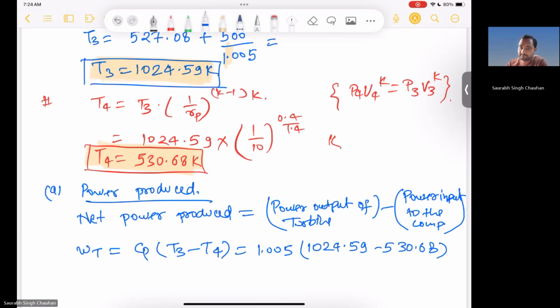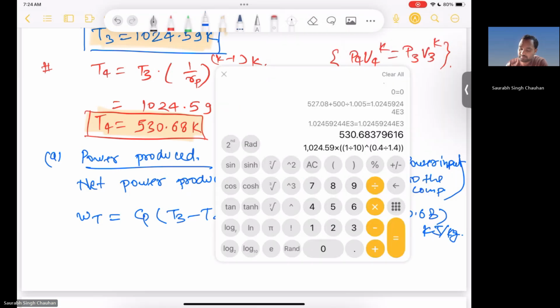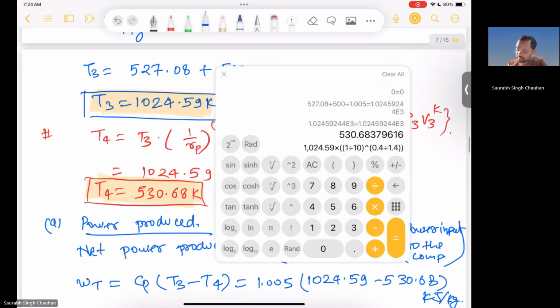So we'll get this value in kilojoule per kg. 1.005 into (1024.59 minus 530.68).